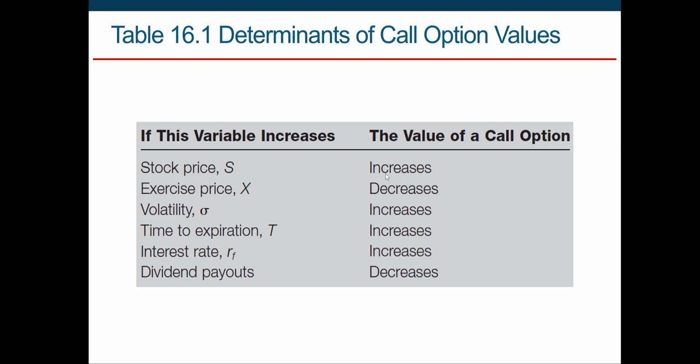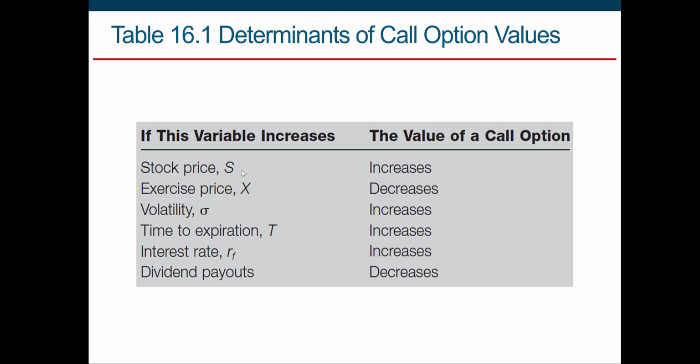Okay, so we are looking at the call option here. What happens to the price of the call option when a stock price increases, everything else being the same? This should be pretty straightforward, right? Call option is a bullish position.